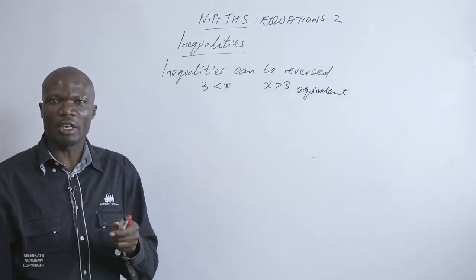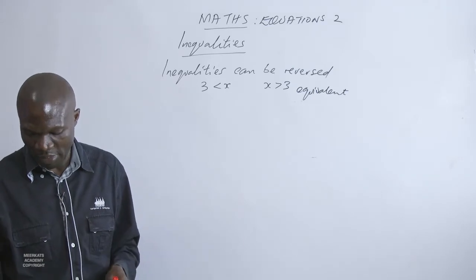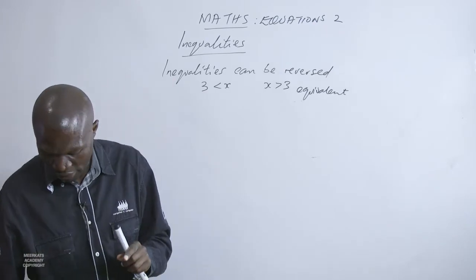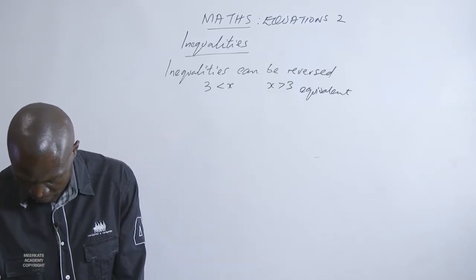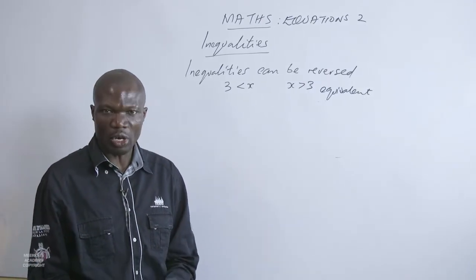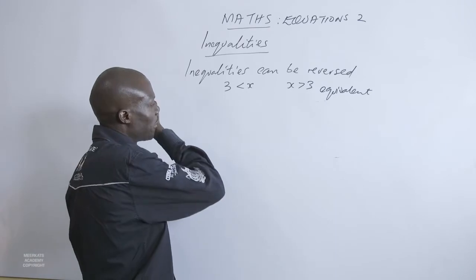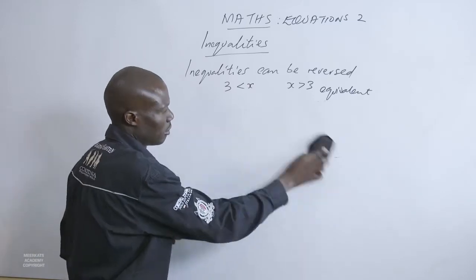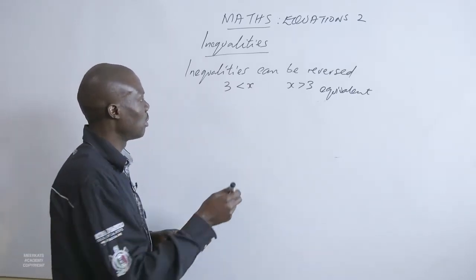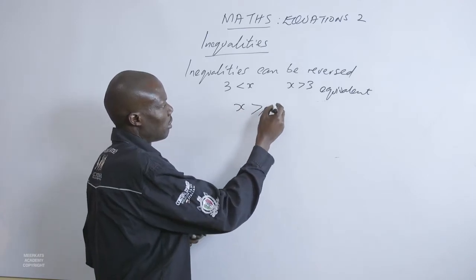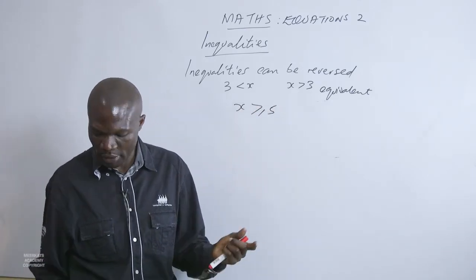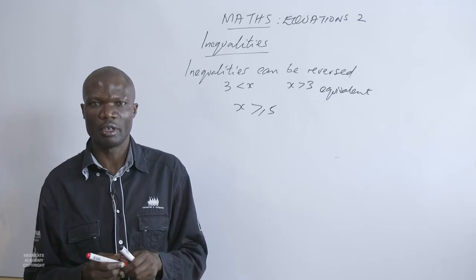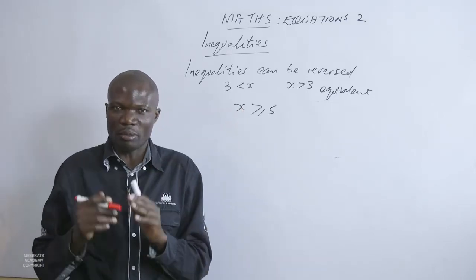Now, inequalities can also be represented on the number line, as we have seen earlier on. What do we mean by this? I want us to consider this inequality: x is greater than or equal to 5. We want to represent this on a number line.